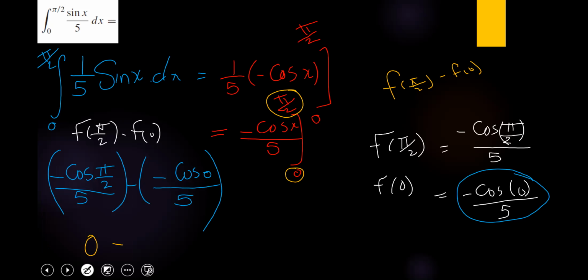First, you have to find cosine 0. What is the value of cosine 0? It is 1. Times negative, it will be negative 1 over 5. Then it will be 0 plus 1 over 5, which is 1 over 5. Is it clear now? Yes, teacher. Okay.